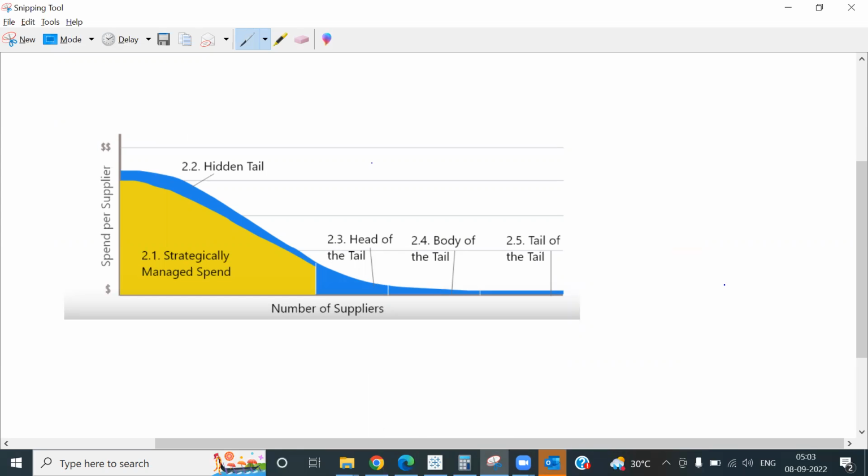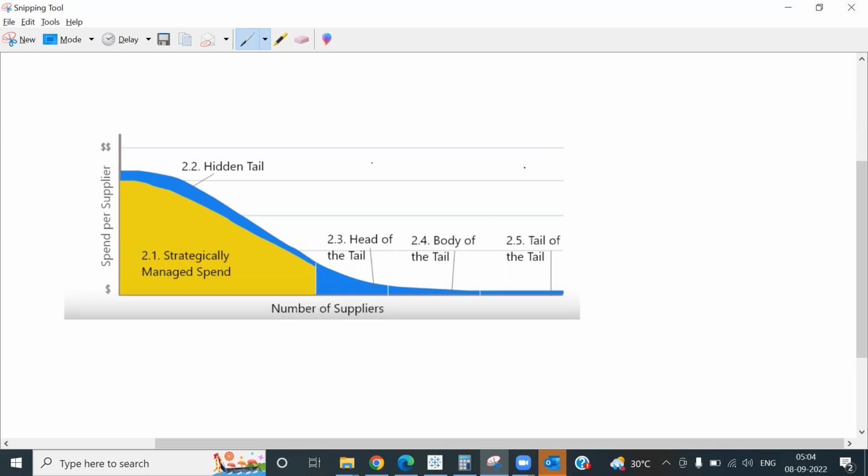Every company definitely has some strategy on their spend. Major companies do manage their spend strategically, but however, there will always be some amount of spend which is unmonitored. This is where tail spend analysis comes into the picture.